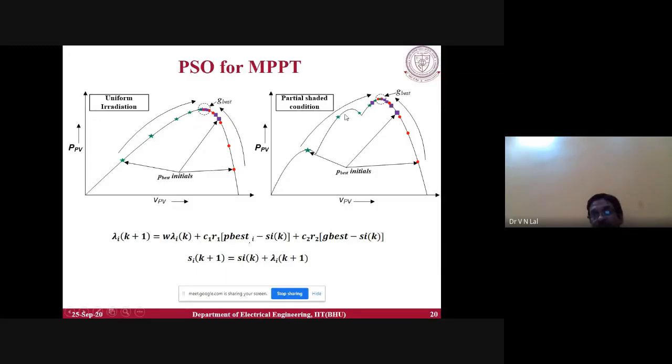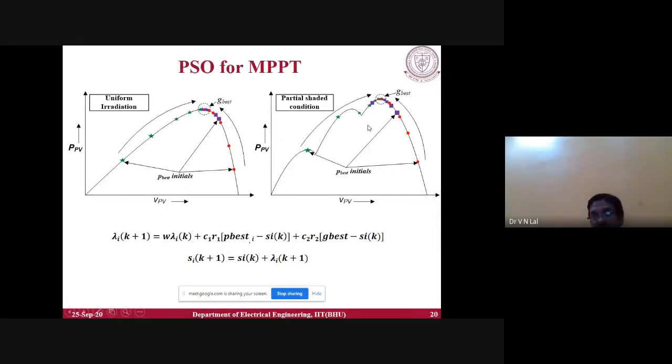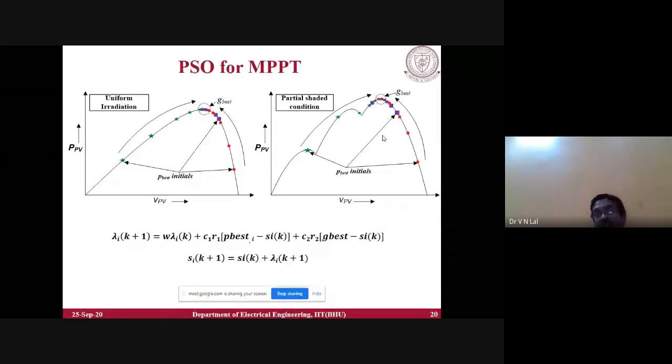So this power is more than this one, so movement will be further in the same direction. So all the 3 particles will be moving towards the global best position, and this global maximum power point is searched out. Because G best means this voltage will be equal to the P best of all 3 particles, there will again be almost negligible oscillation at steady state, which was not there in the case of PNO and INC.